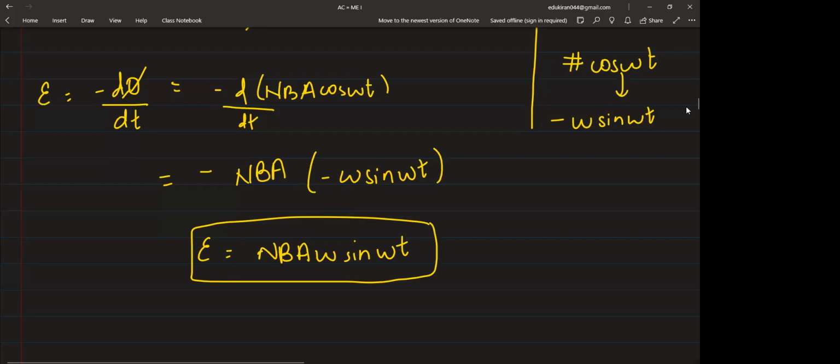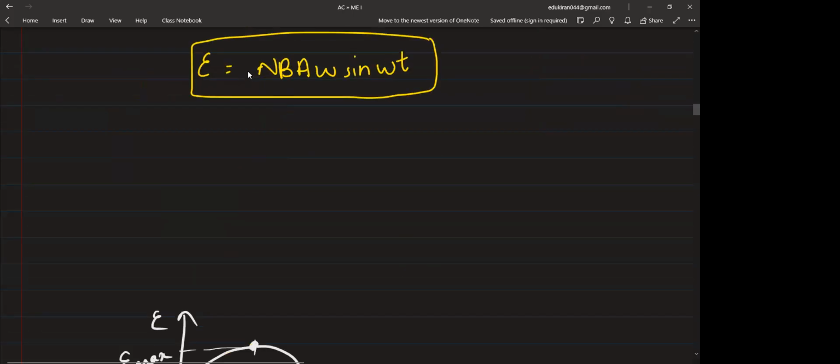Suppose two equations are there which you should understand. Before that, if I say sine omega t, treat omega t as an angle. Don't treat it as angular velocity or something. This is an angle for us. So if sine omega t is equal to 1, what will omega t be equal to?